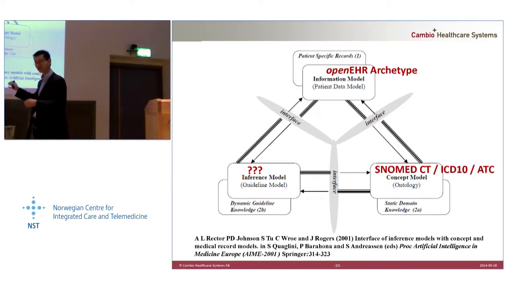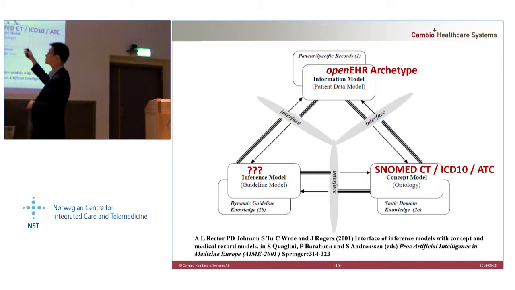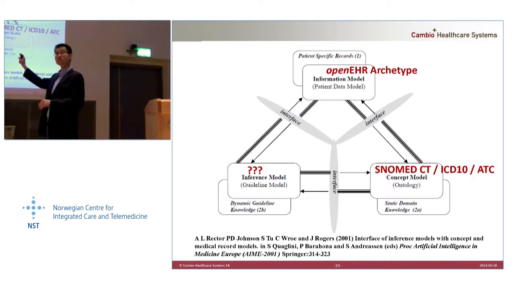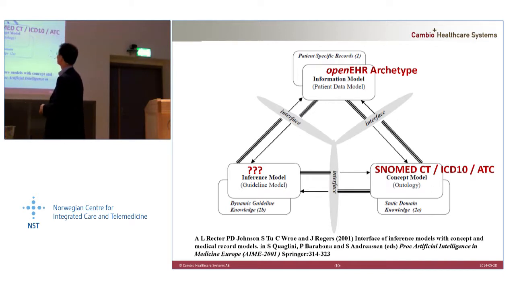So the basic idea from Alan Rector's paper is that we need interfaces between all these three principal models. By the time we started our GDL work, we had a pretty good idea of the information model. Our choice of technology is openEHR. This is not the only choice; you can use other EHR models as you prefer. But we're comfortable with openEHR and believe it's the most expressive technology.